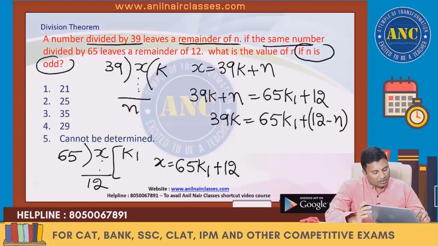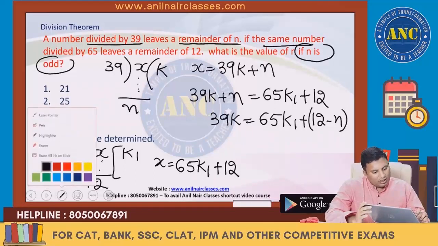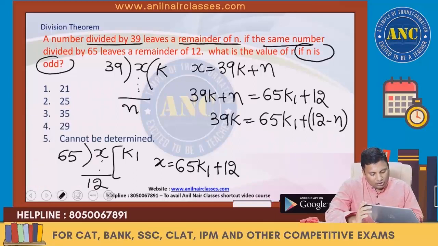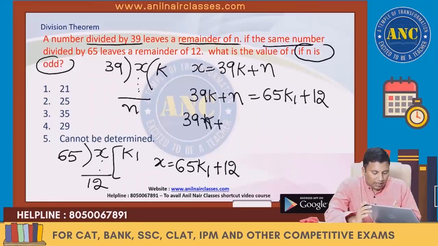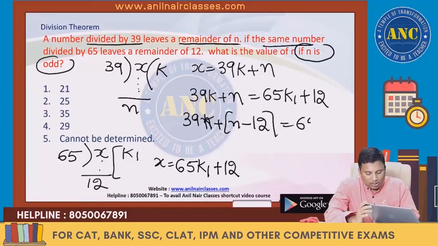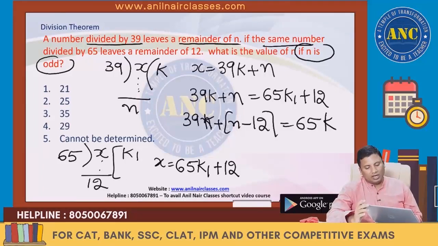Or I will do the reverse, because I want n to be an odd number. So 39k plus n minus 12 is nothing but 65k1.